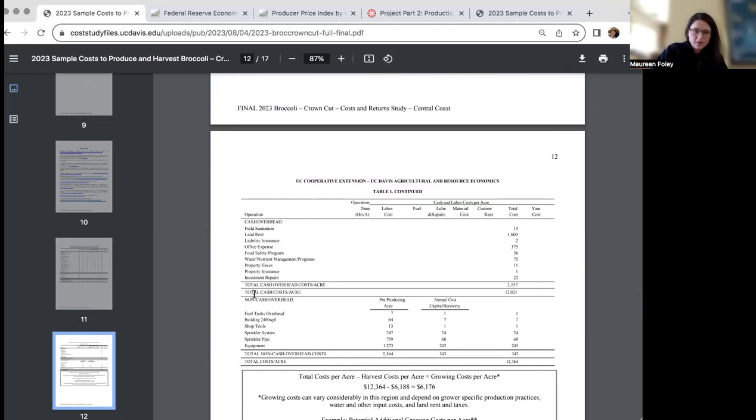The total of both of those is here in this total cash costs per acre. So we know that it costs a grower about $12,000 to produce broccoli per acre of cropland. So those are the 4 costs that I asked you to find for this week.